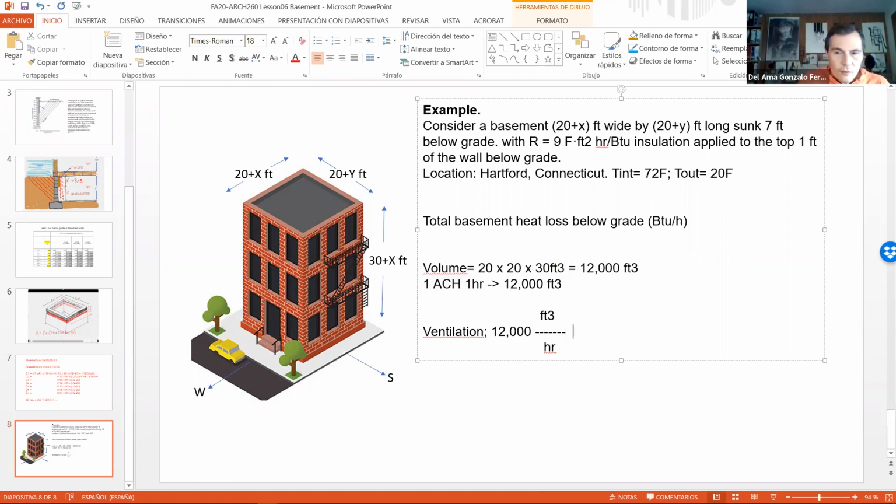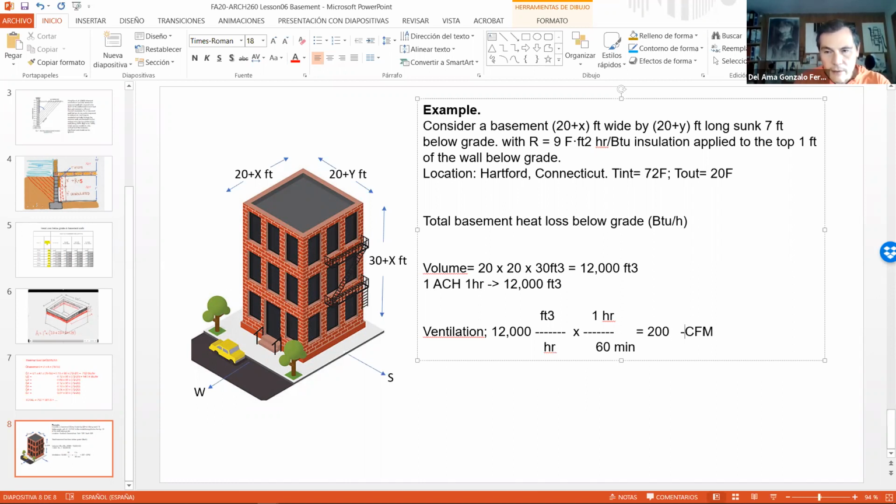If we want to turn this into cubic feet per minute, I have to cancel hours. I know that 1 hour is 60 minutes. So if I divide 12,000 by 60, this is 200 CFM.